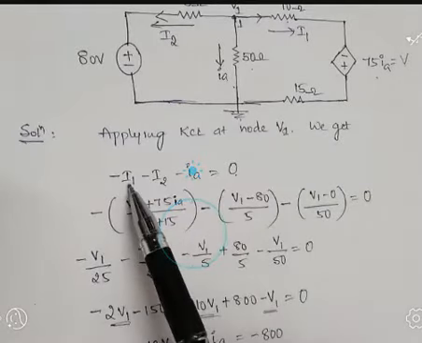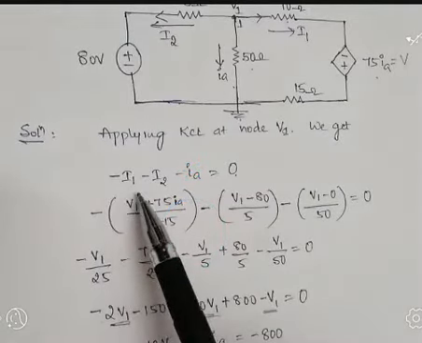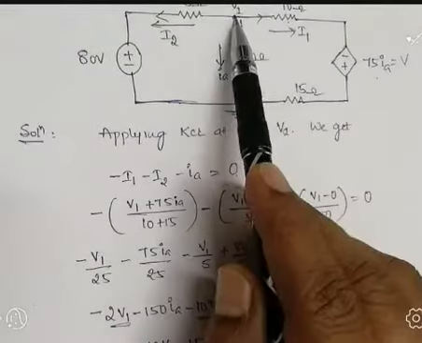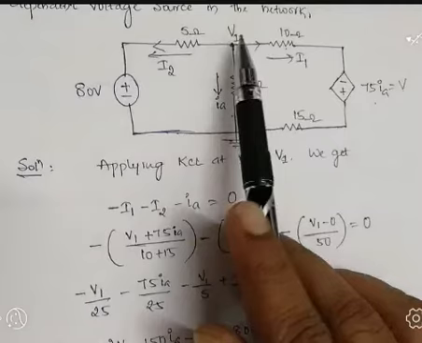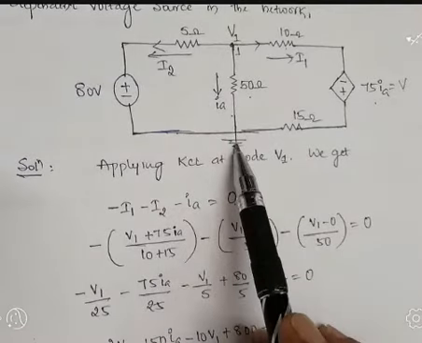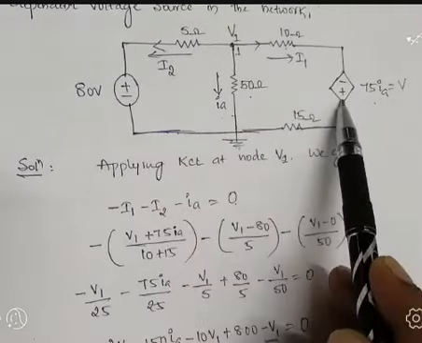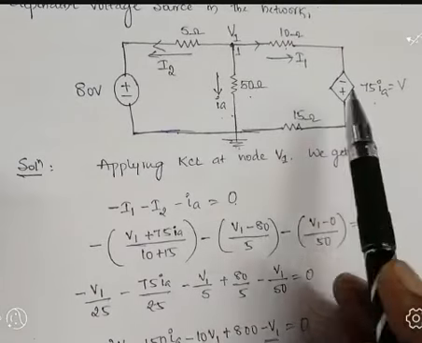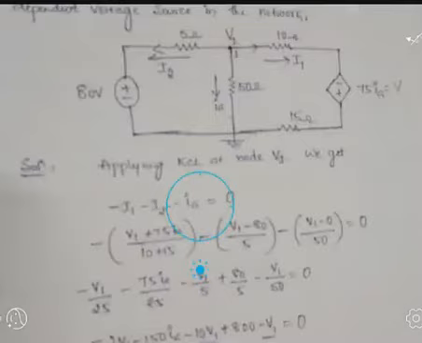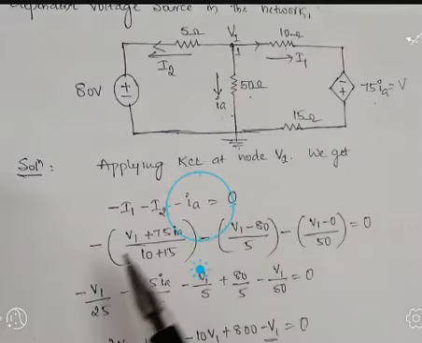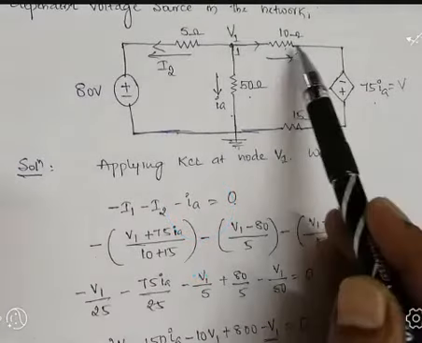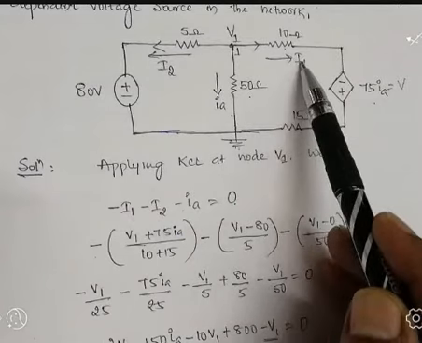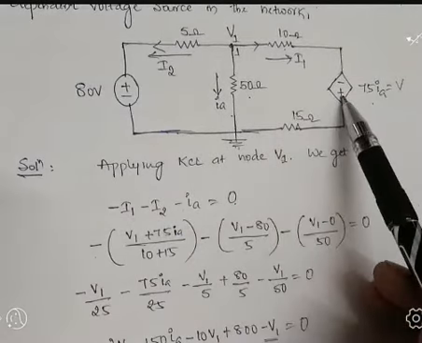The next step is to substitute the values of these three currents. What is the value of current I1? The current I1 flows through this branch, starting from V1, and it reaches the ground. But in between, one more source is present, the dependent voltage source. So I will substitute the value of I1 as minus, as it is, V1. Observe the head of the arrow mark of I1: it is pointing to the plus polarity.